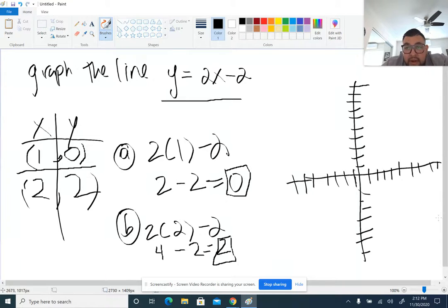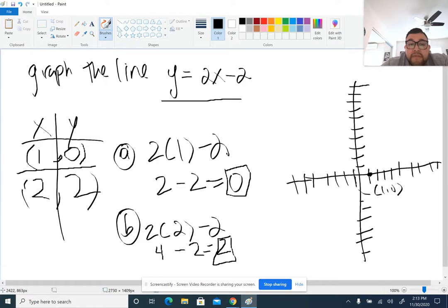So I'm going to plot 1, 0. So this is my graph, and I'm going to plot 1, 0. So let's say that this is 1 right here. So I'm going to start at 0, 0. In the x direction, I'm going to go 1. And then in my y direction, 0. So the point 1, 0 is right here. So this represents 1, 0.